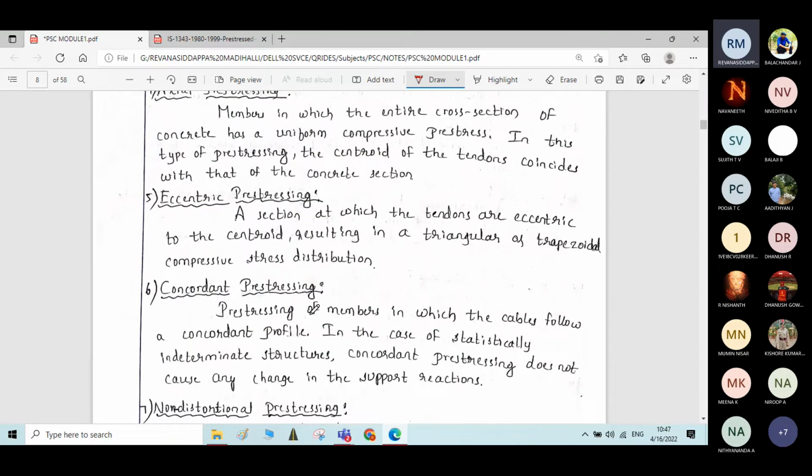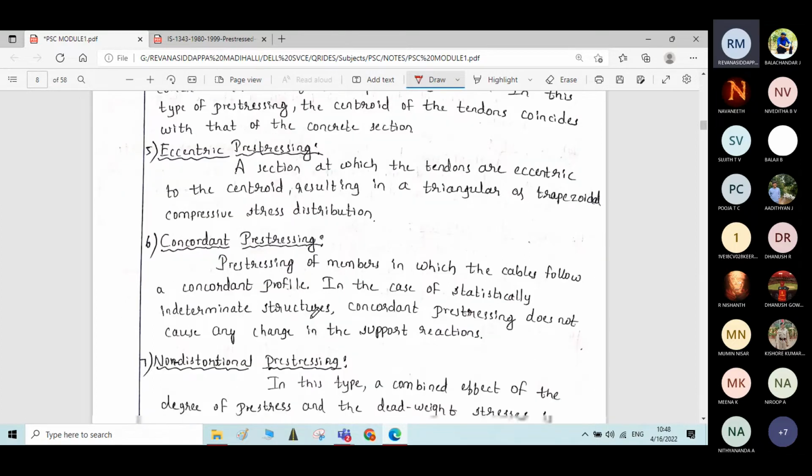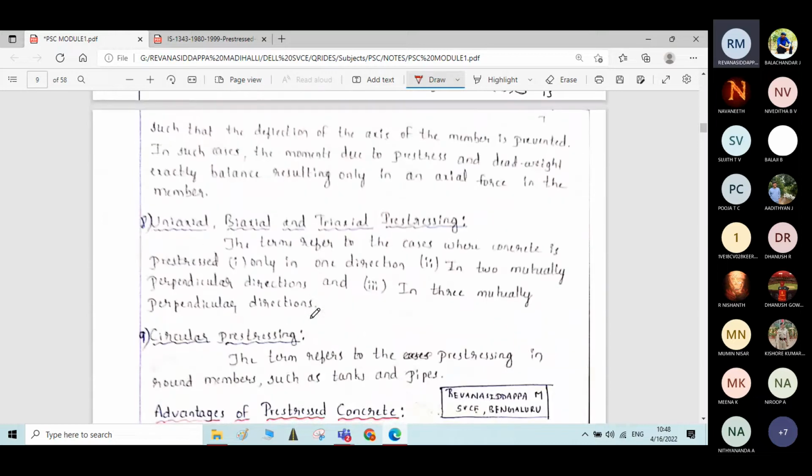Are you understanding? Resultant stresses means the combination of stresses due to the dead load of the member and due to the prestresses applied. If it is zero, then it is called non-distortional prestressing. Okay, this much you remember.